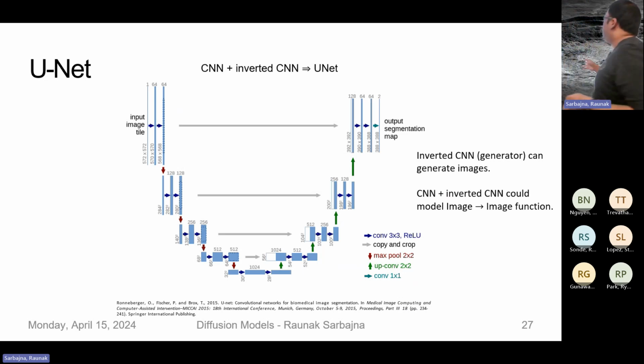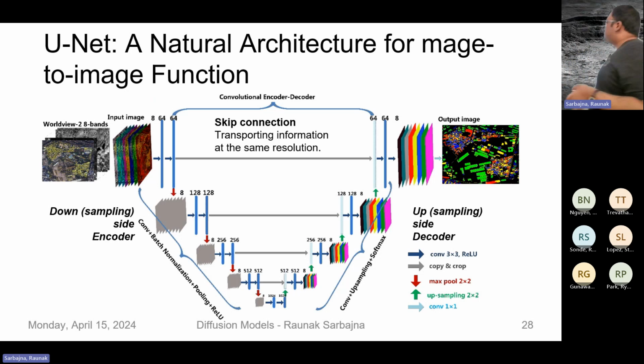Like I said, the left part is a CNN and the right part is an inverted CNN. You do this whole thing, you get a UNet. So how does this work? The downsampling part has a convolutional neural net. It does some batch normalization, then it does pooling, and here it says it's using ReLU, rectified linear unit.